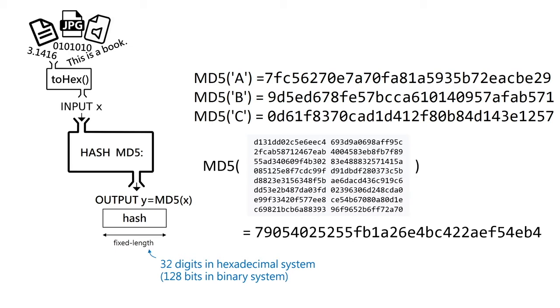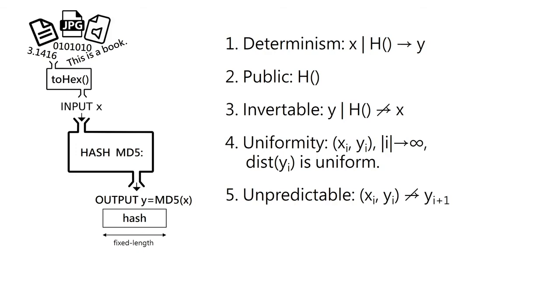The length of the output of MD5 is 32 digits using the hexadecimal system. For example, if you put A in the MD5 hash function, the output will be 7FC56, etc.